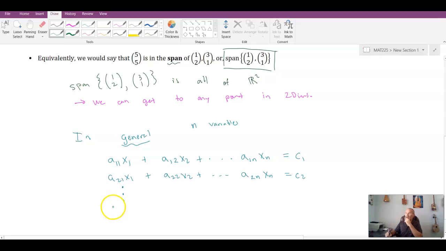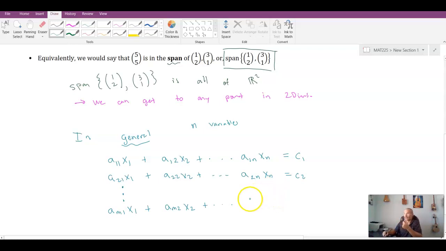So we're going to say that we have m rows, AM1. So this is the mth row times the coefficient there times the first variable, plus AM2 times the second variable, and then I don't know how many variables I'm going to have.